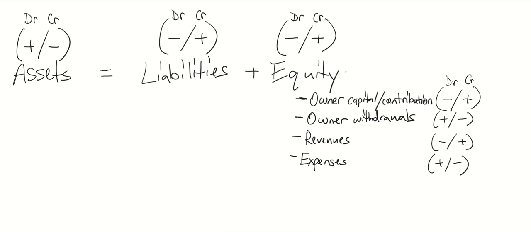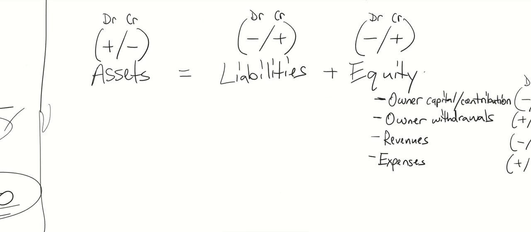Like I said in the previous video, normally the owner capital account should be greater than the owner withdrawal account, and normally the revenue accounts should be greater than the expense accounts in total. This means that a normal balance in the equity section should be a credit balance. So again, assets equals liabilities plus equity.